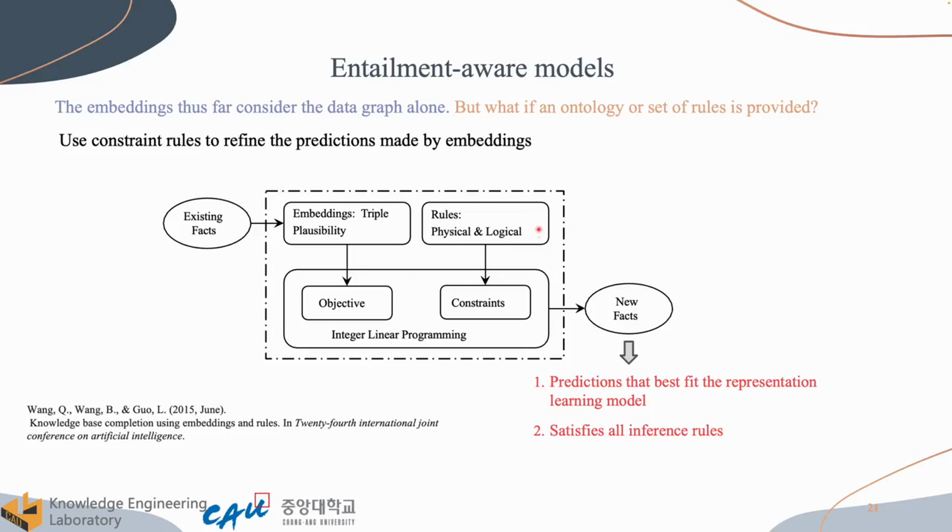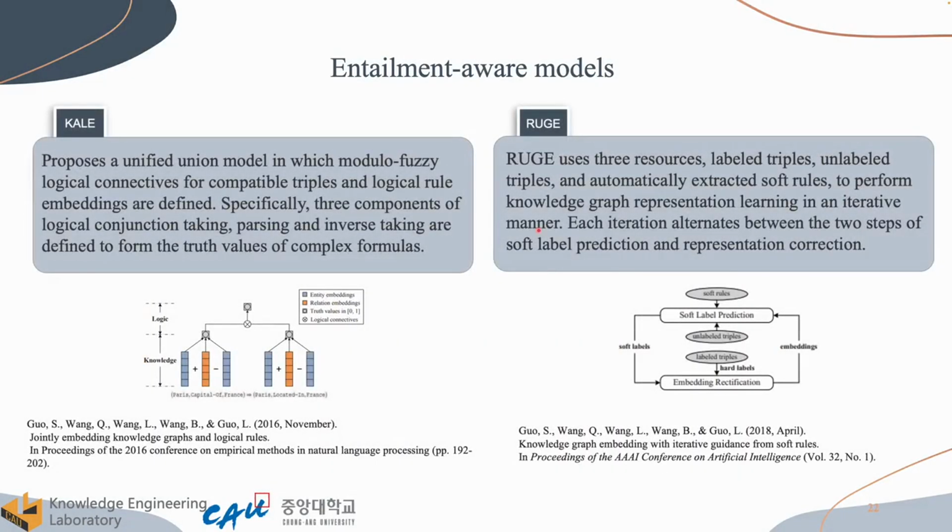These models use the functional and inverse functional definitions as constraints, such that, for example, if we define that an event can have at most one value for venue, this is used to lower the possibility of edges that would assign multiple venues to an event. And there are some other entailment-aware models.